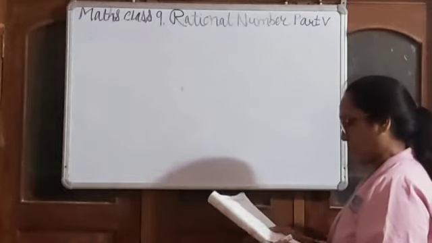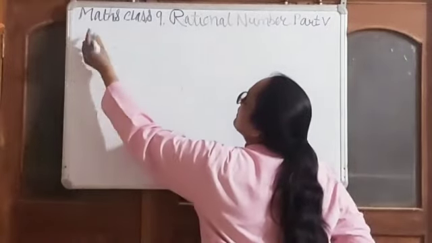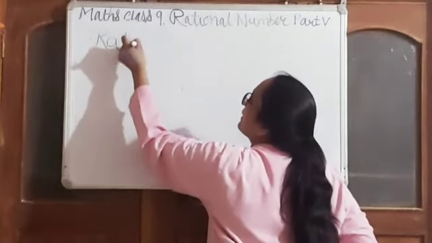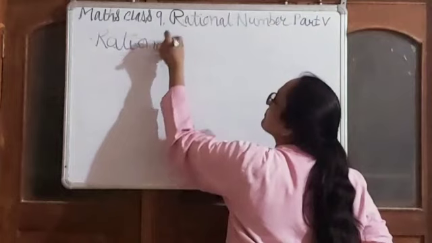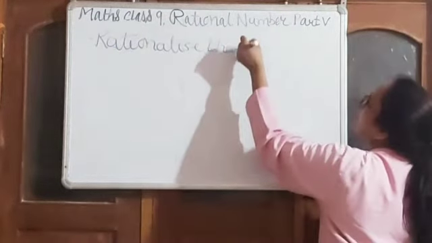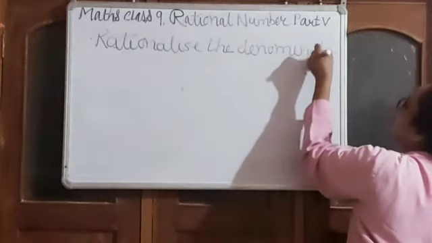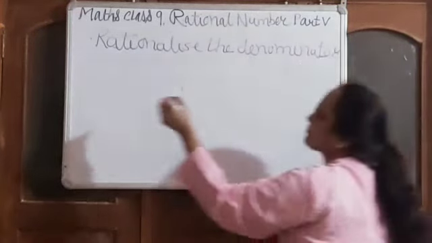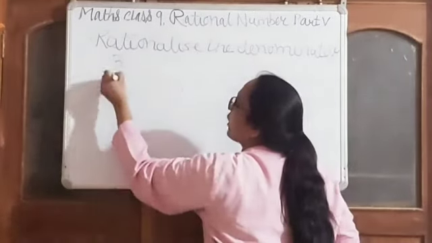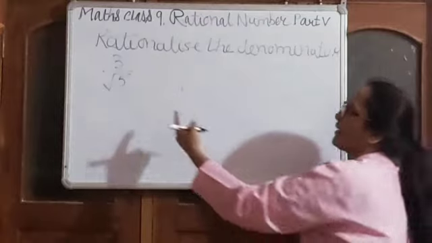Now, how to rationalize the denominator? See, our question is 3 upon root 5. We have to rationalize the denominator.